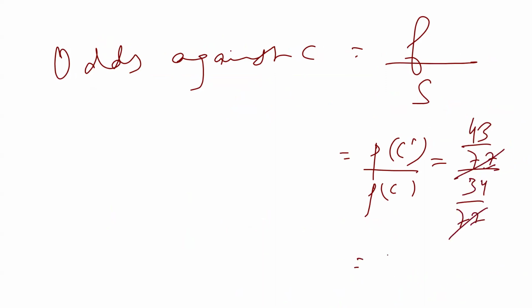So the odds against will be 43 is to 34. You can try the 20th problem for self-study. It's very simple. You will get two cases. You can add those two cases. Fine. One last problem.